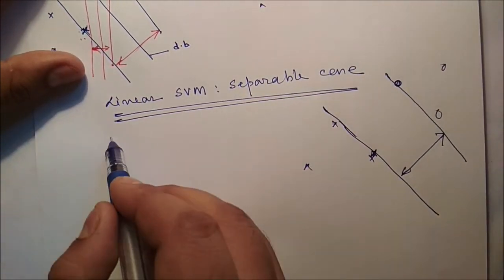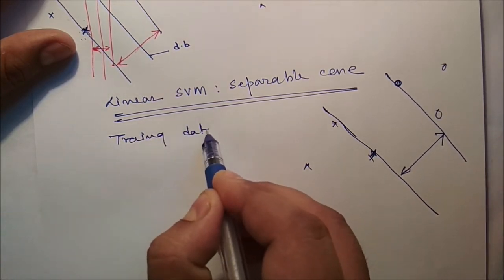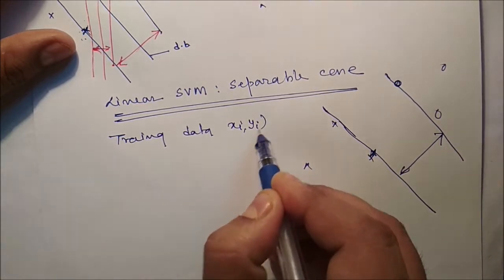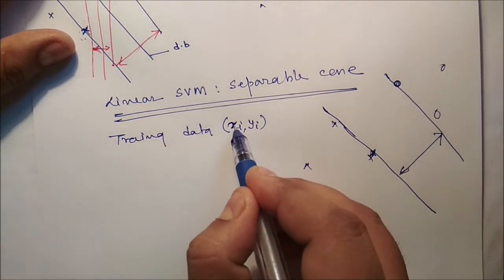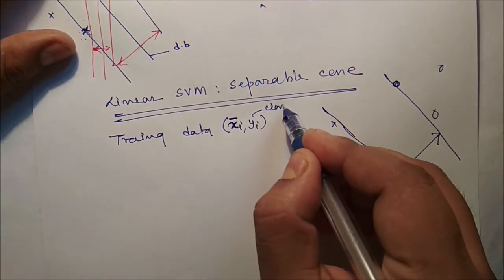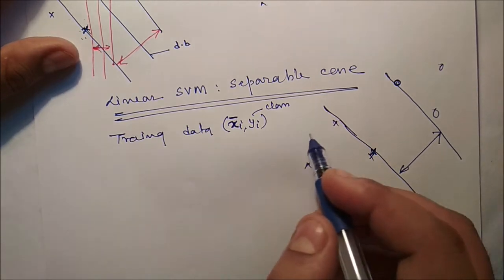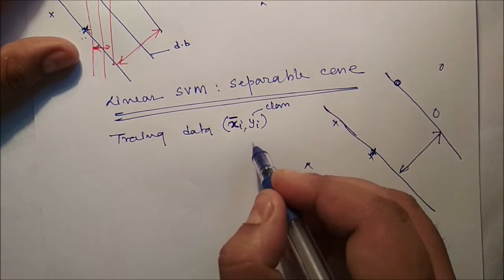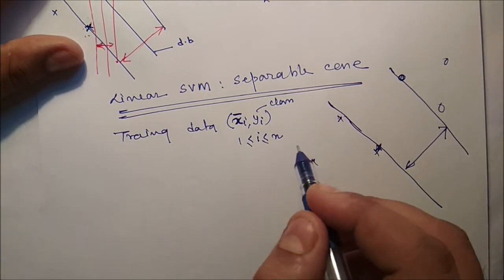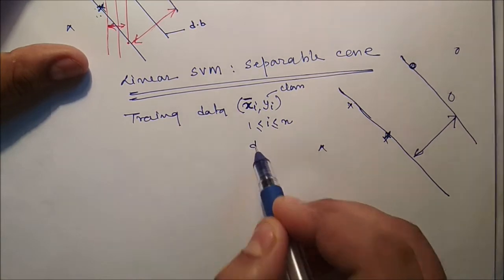The training data is xi and yi, where x is a vector and y is a class. Say n number of training data are there, so i varies from 1 to n, and say d is the dimension of the data.